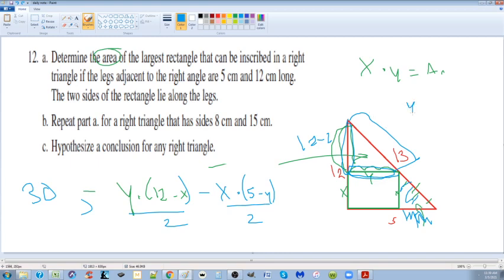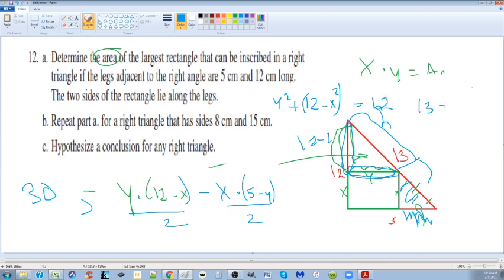I think that y squared plus 12 minus x squared is equal to this hypotenuse here. The problem is, I don't know that. However, I know the other hypotenuse is 13. So let's call this hypotenuse 2.